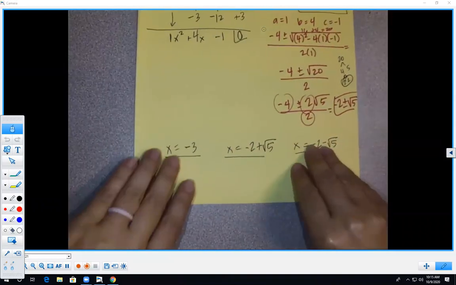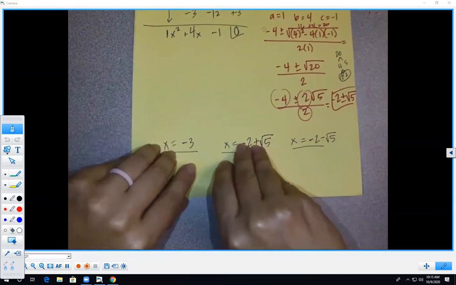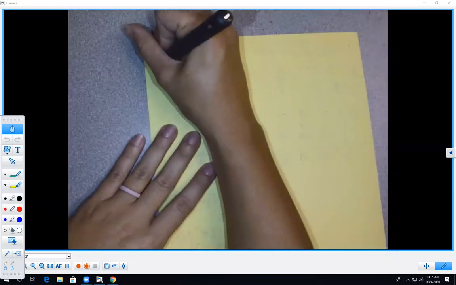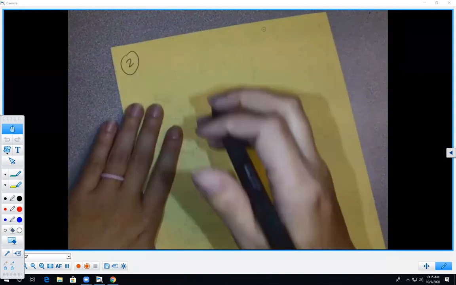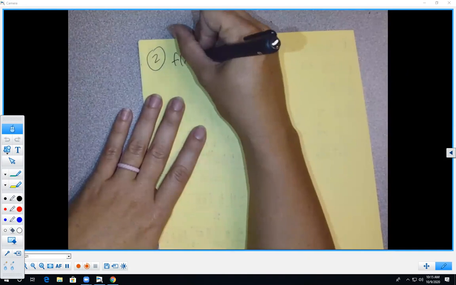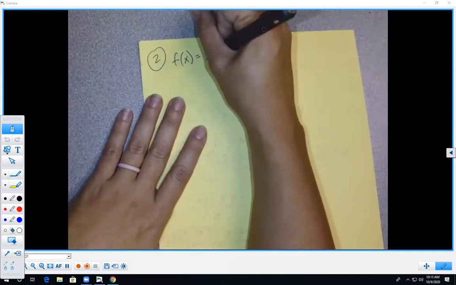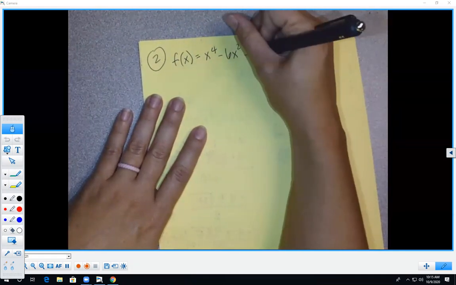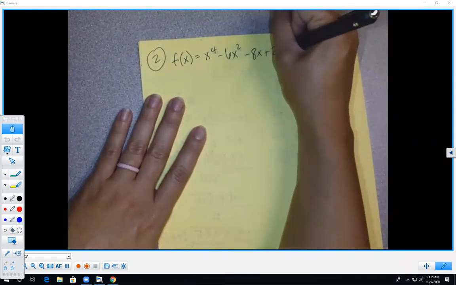Okay, let's do another one. Let's do one that's a little bit bigger that we have to divide more than one time. So f of x equals x to the 4th minus 6x squared minus 8x plus 24.